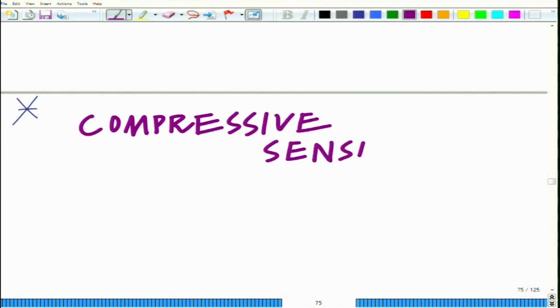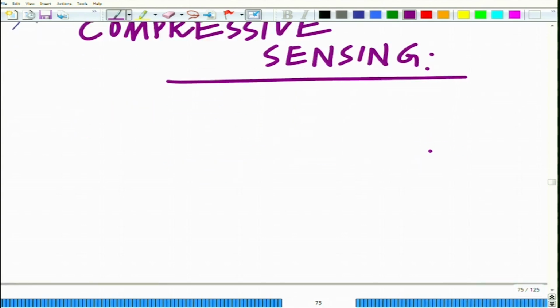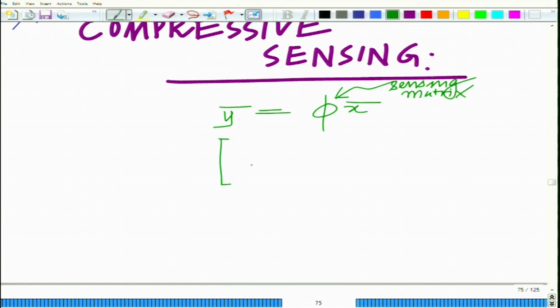So, we are looking at compressive sensing, and what we are doing is you have a measurement vector y bar equals phi times x bar, where phi is your sensing matrix. You have m measurements, y1 through ym.